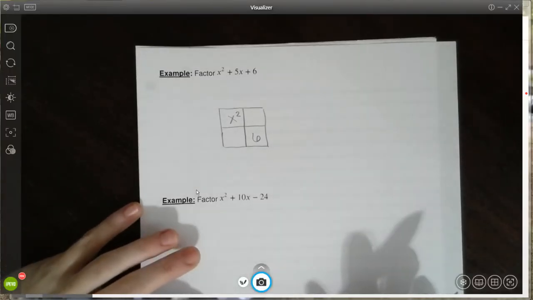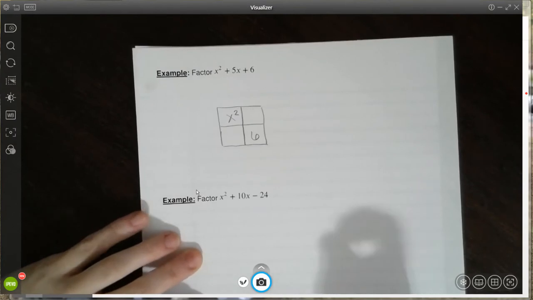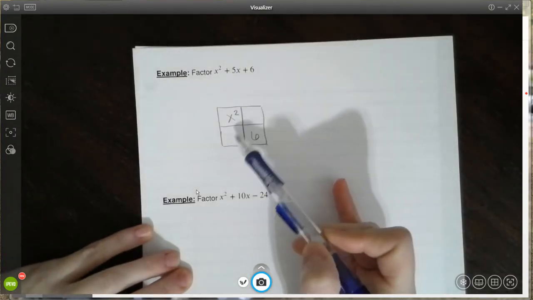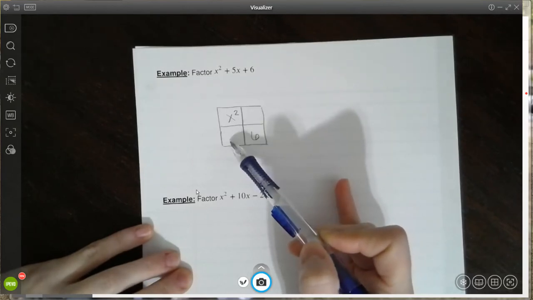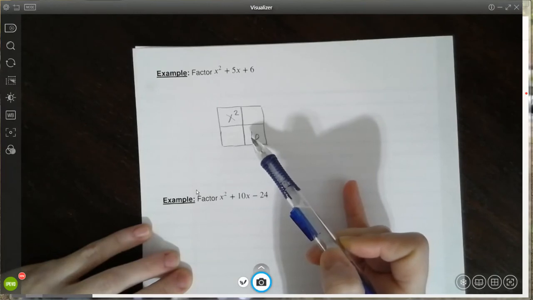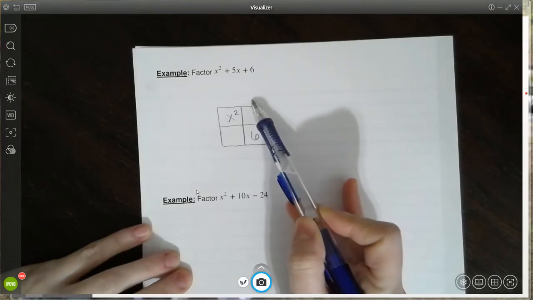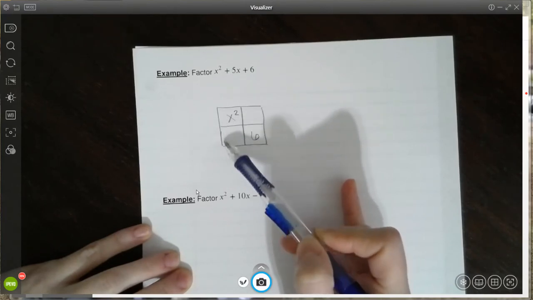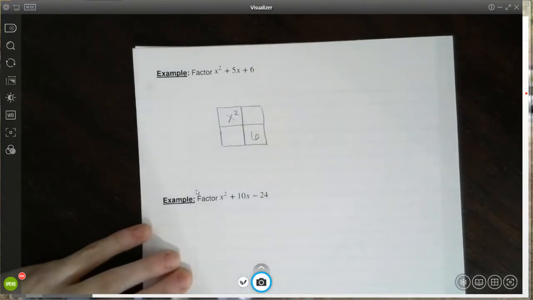So now what I need to do is figure out how I'm going to split up 5X into these 2 corner boxes so that when I multiply, I get 6 from these units on the outside that represent the side length of these two spaces.